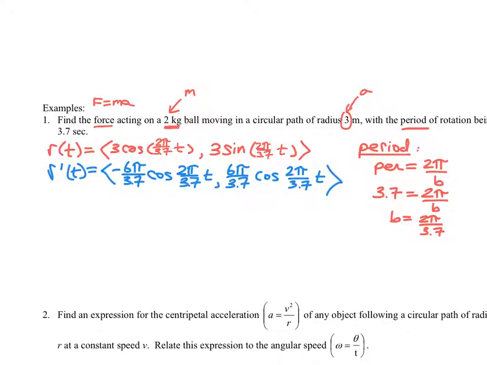I wrote cosine for the first one, I meant sine. Hopefully I said sine, but I can't even count on myself for that anymore. So that's my velocity vector.